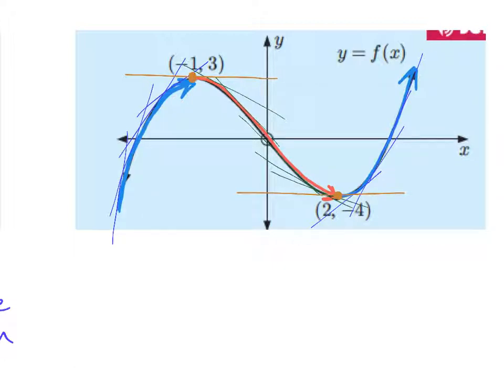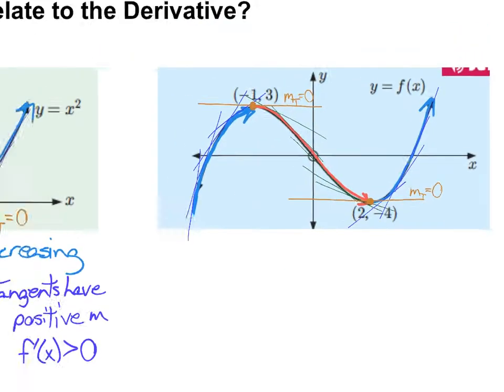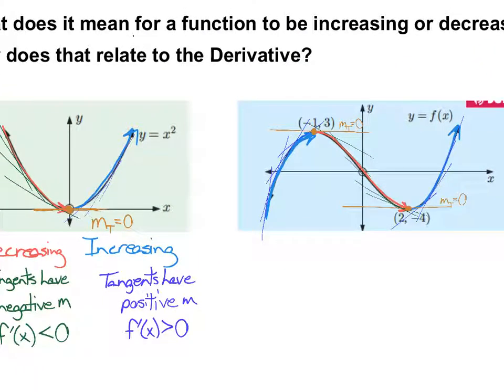This is why I had you solving those problems where the slope of the tangent was, where did we get the horizontal tangents? Slope of the tangent equals 0. Where does that occur? On these graphs, they're at max and min points. So max and min points will always occur at what we call critical points.